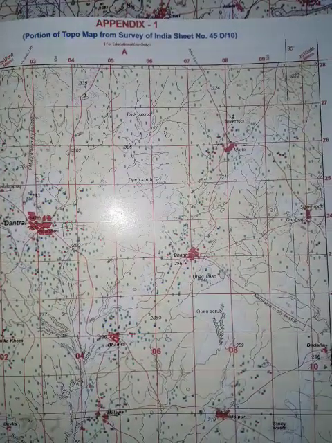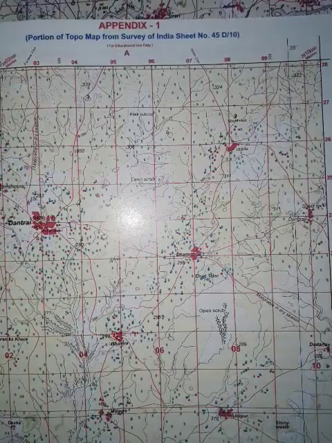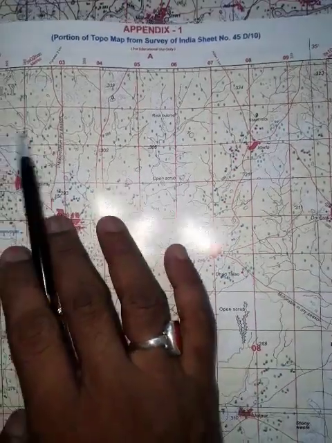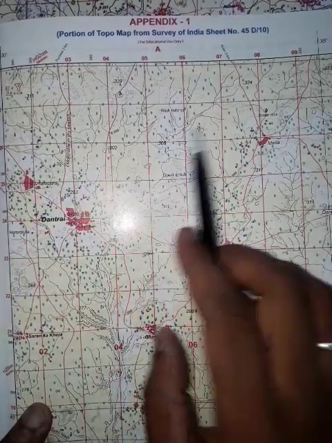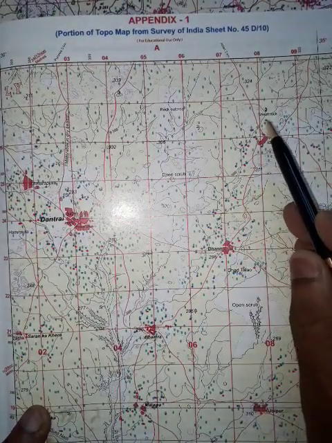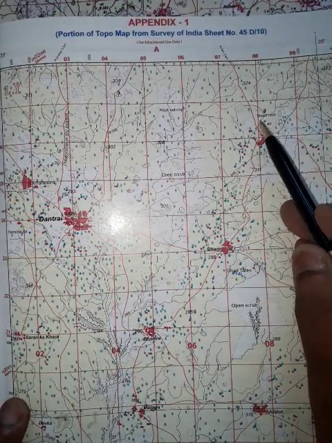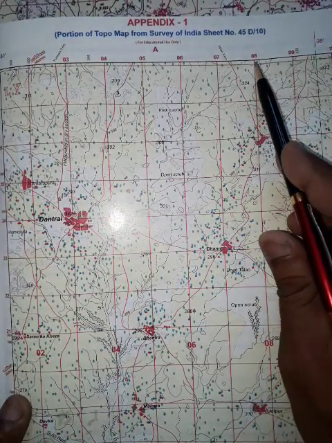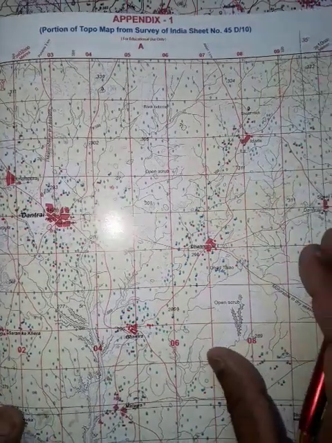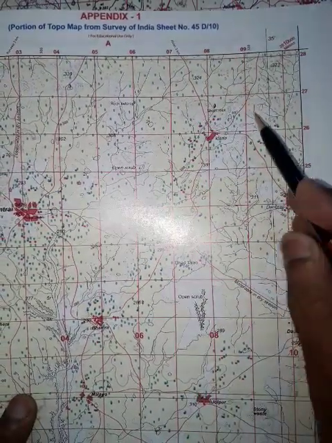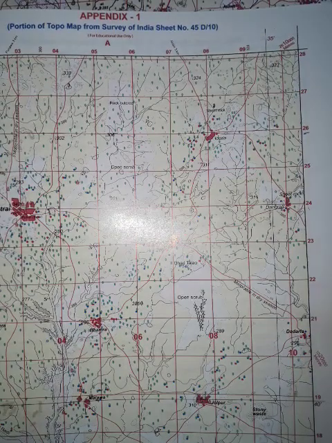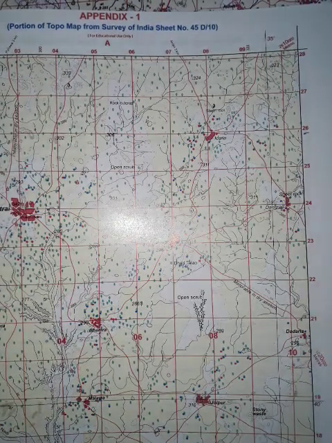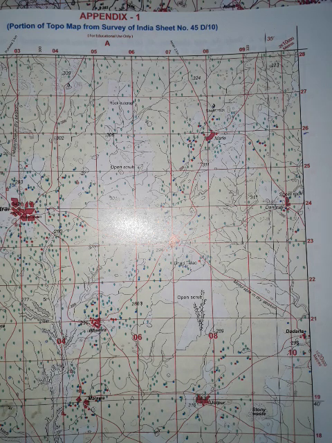If you see, this is the north portion of the topo sheet. We will check that here sheet outcrop is given. The line which is left is 08 and the line which is down is 26. Now the 4-figure grid reference of this sheet outcrop in the north is 08 and 26.